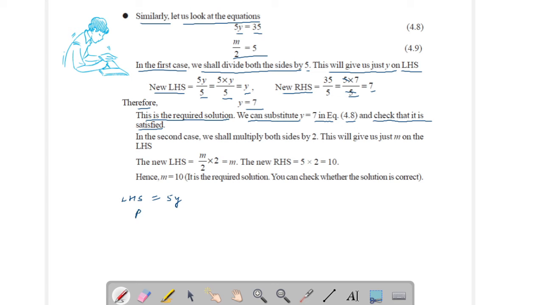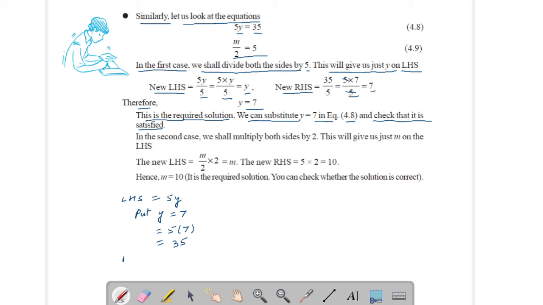Put y equal to 7. You will get 5 within the bracket 7. And if you open the bracket, you will get 35.